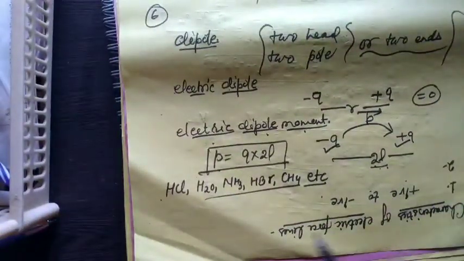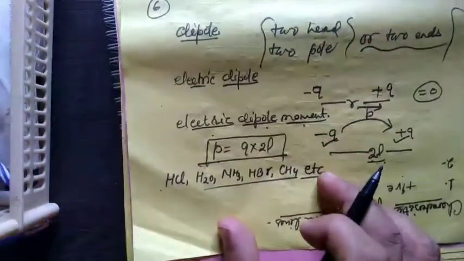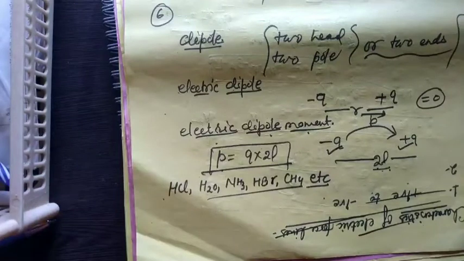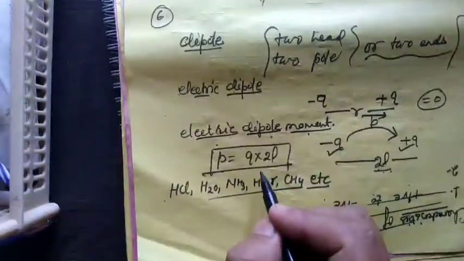In other words, the measure of the strength of the electric dipole is called the electric dipole moment. The dipole moment is a vector whose magnitude is equal to the product of either charge and the length of the dipole: P equals q into 2l.